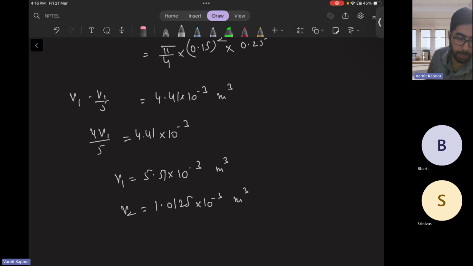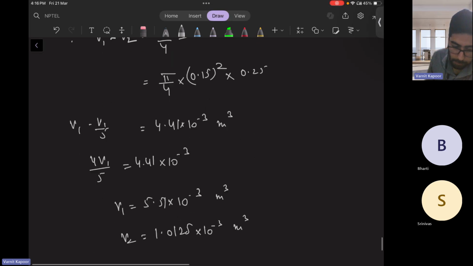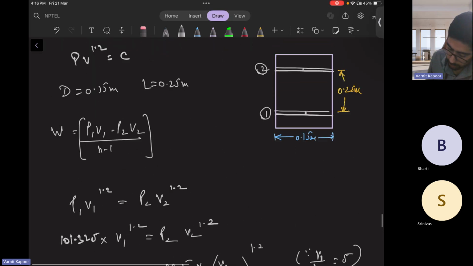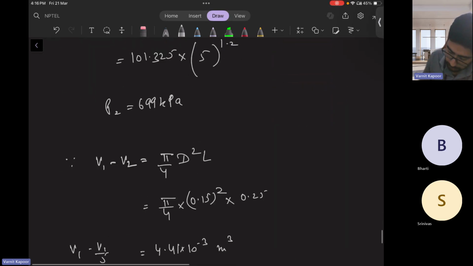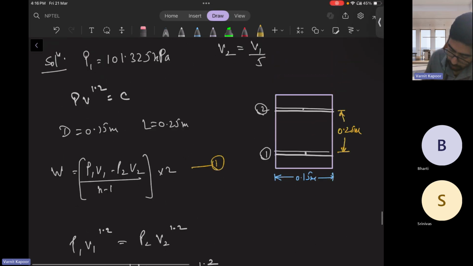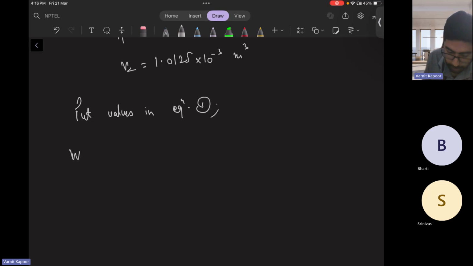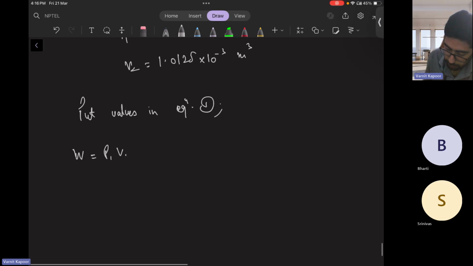Put these values back in the work. So I was saying here it will be multiplied with 2. Let us say that this expression is 1. Put values in equation 1. So work net comes out to be P1 V1 minus P2 V2 by n minus 1 times 2.